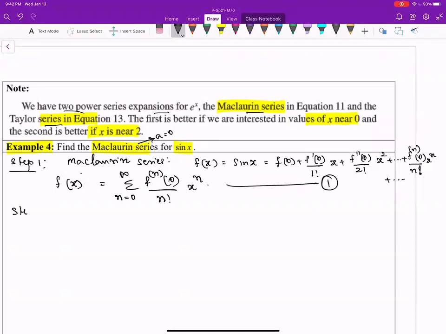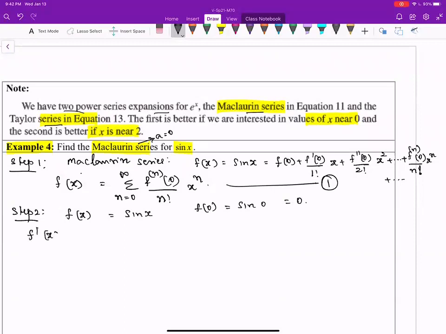So we are going to find these coefficients, namely the nth derivative of f at 0 for all values of n. So let's start. f of x is sin x, and f at 0 is sin 0, which is equal to 0.